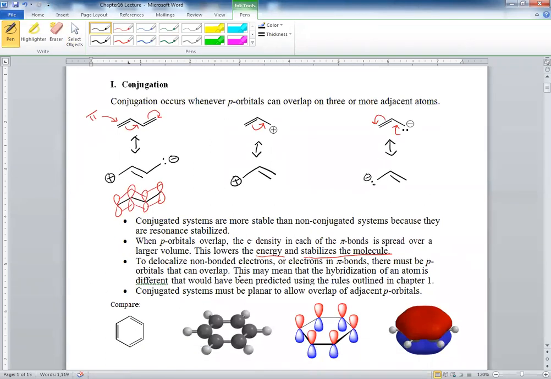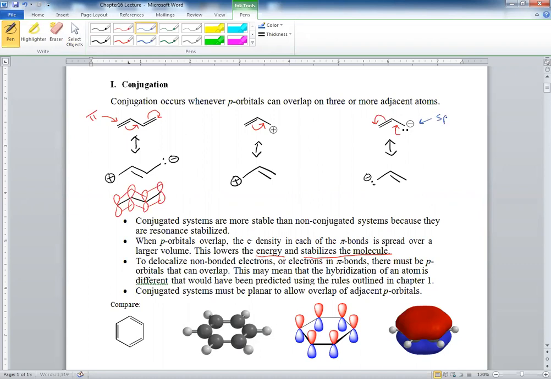Now, this brings us to point number 3, which is to delocalize non-bonded electrons or electrons in the pi bonds. There must be p orbitals that can overlap. And this means that the hybridization of an atom is different from what would have been predicted using the rules outlined in chapter 1. So if you recall from organic 1, this is a minor point, but worth mentioning.